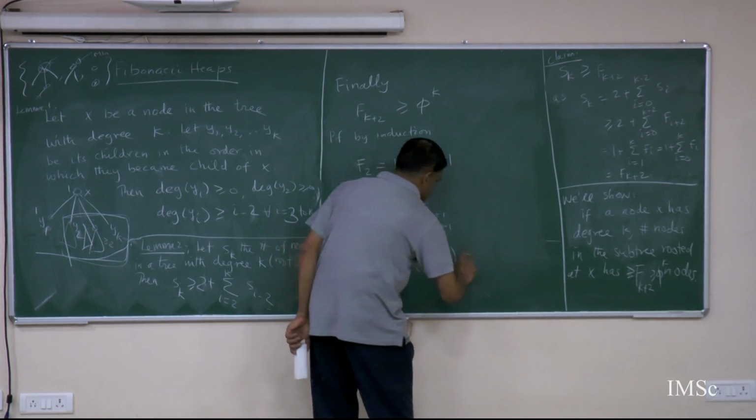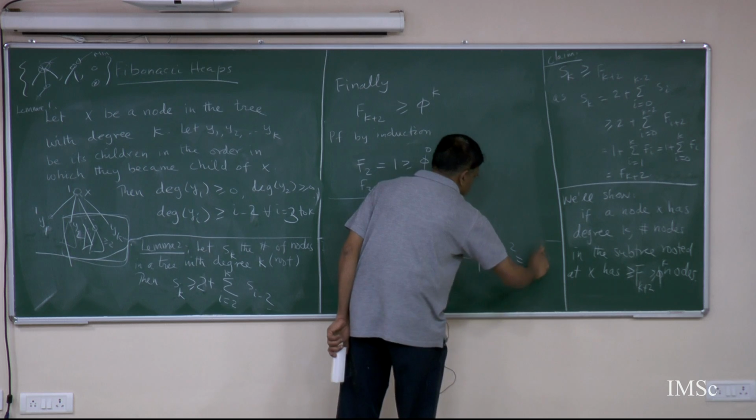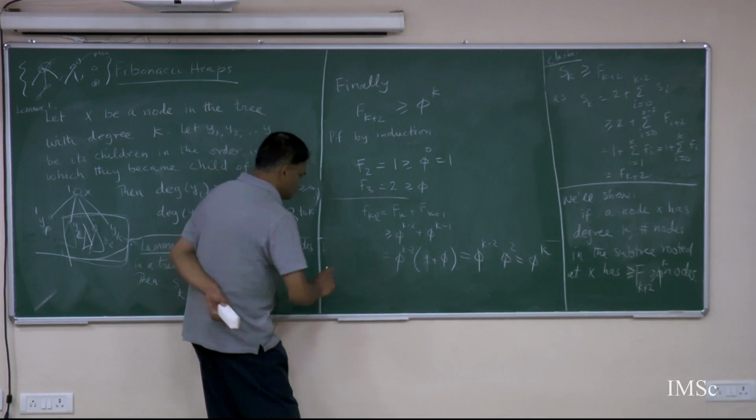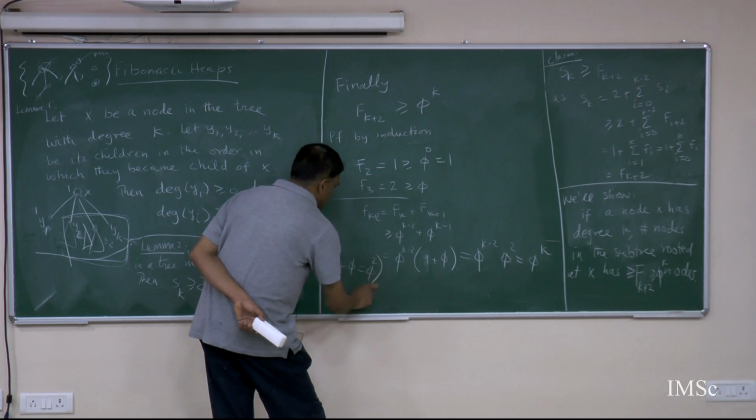So this is actually phi squared, because 1 plus phi is equal to phi squared.